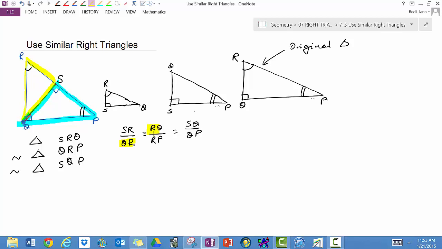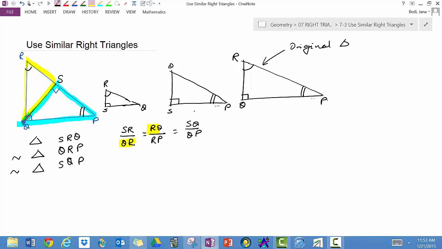When in a proportion you have a variable that occurs twice, so RQ is the geometric mean, and this is a leg of this original triangle. The leg is a geometric mean between SR, which shares a vertex with QR, and RP, which is the whole hypotenuse. You will see a theorem relating to this later on.